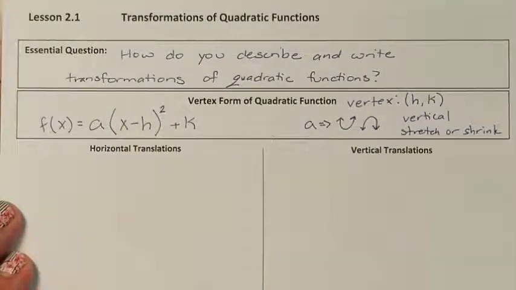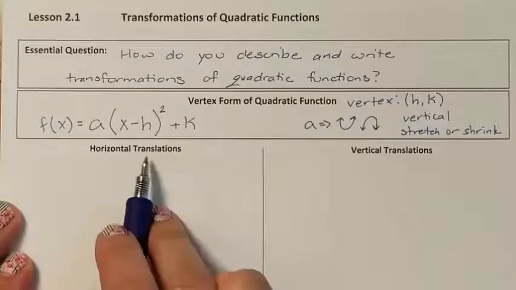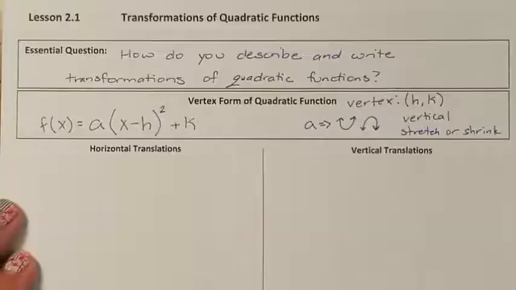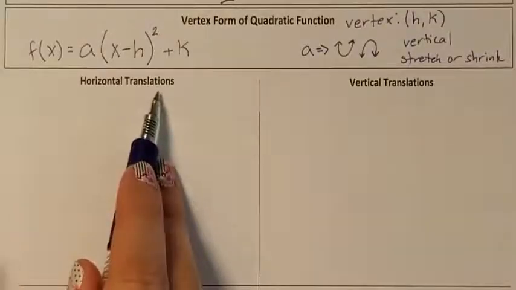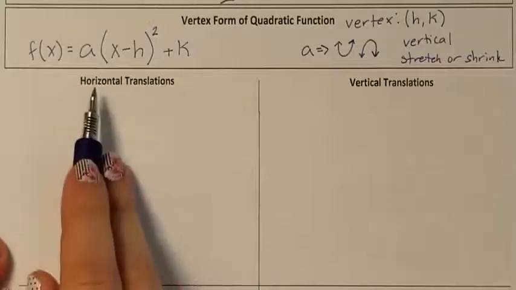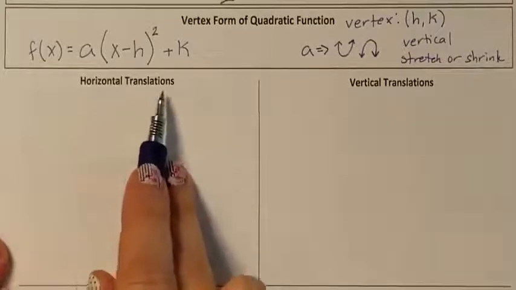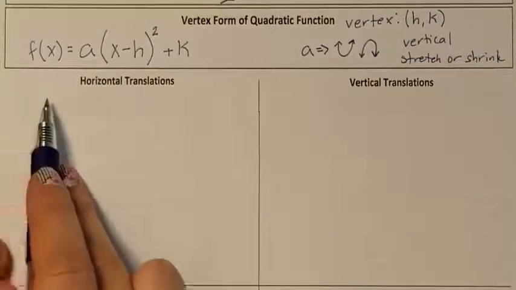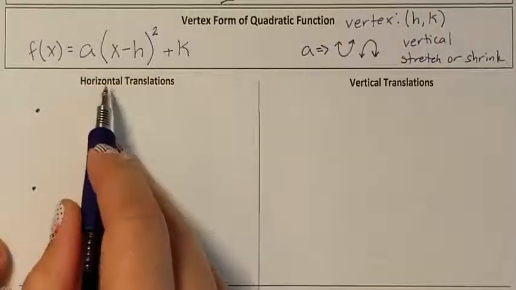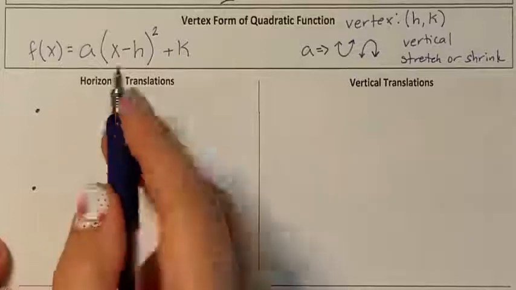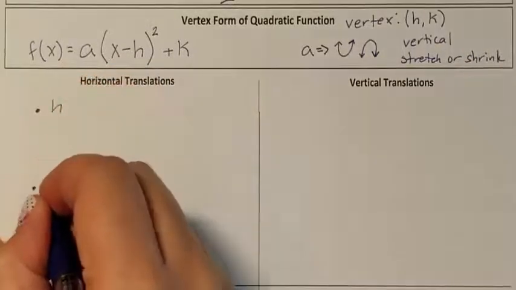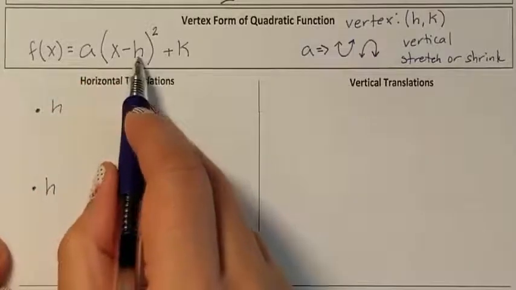Now let's talk specifically about what we need to see in the a, the h, and the k to make our translations possible. If I want a horizontal translation, this is not a horizontal stretch or shrink, so please do not confuse that with this. Horizontal translation means I'm moving horizontally to the left and to the right. This h value right here is what we are used to looking at to determine whether we moved left or right.